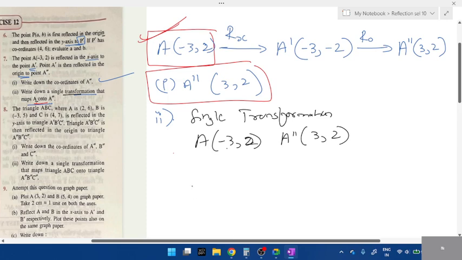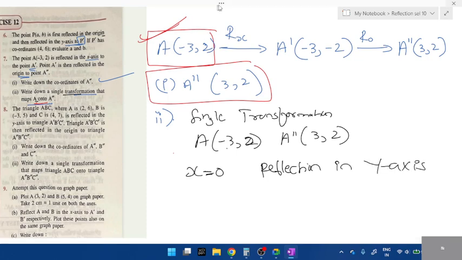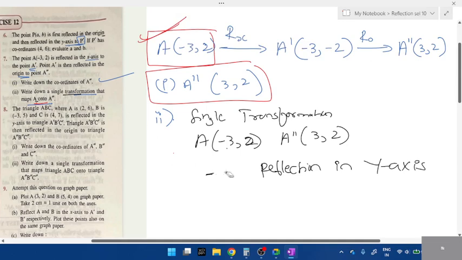Okay, what did I tell you? When will the value change, students? Only if it is 0, it will change, right? Only if X is 0. If X is 0, then where is reflection taking place? Which is the other axis? Yes. So reflection in which axis? Reflection in Y axis. This is how you have to write.